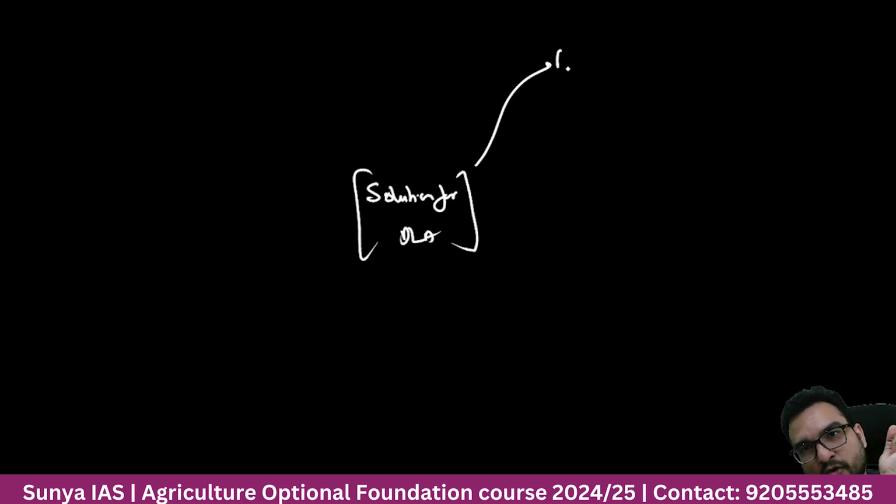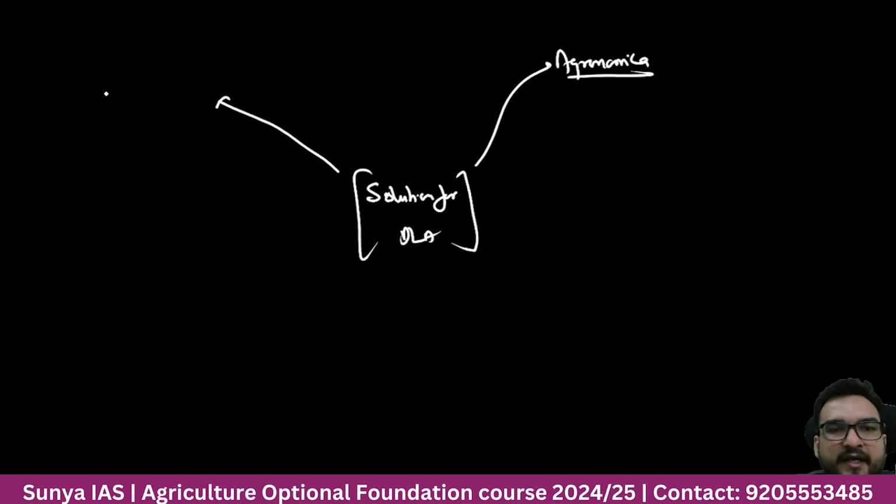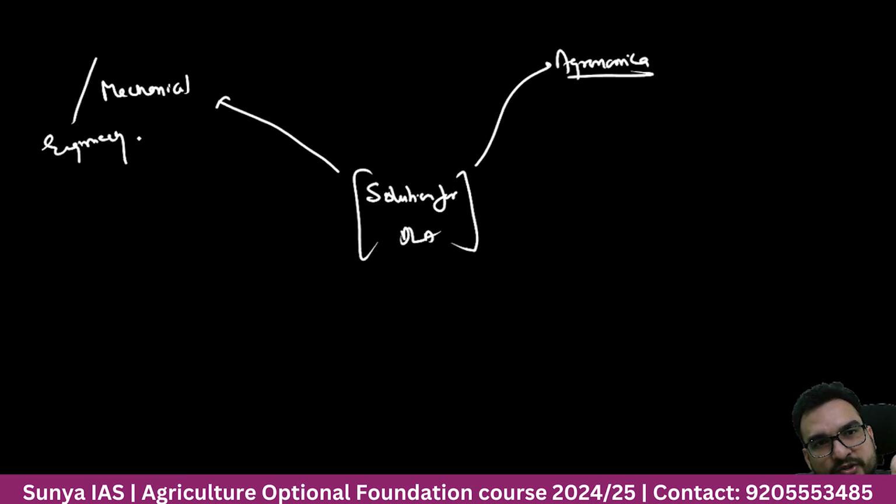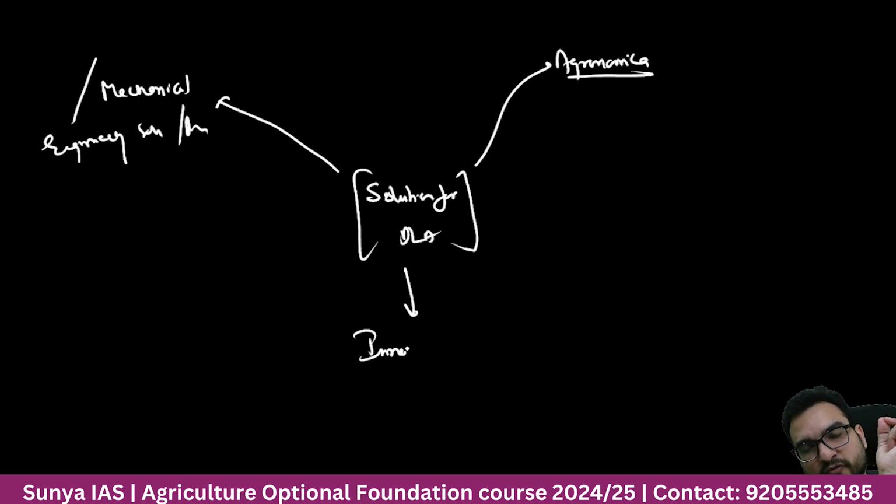We were seeing solutions for DLA: one agronomical, second mechanical, or you can say engineering approaches or engineering solutions, or you can say physical solutions. Here you can write about the innovation. For this specifically dryland agriculture, we can also go for innovation or breeding aspects.